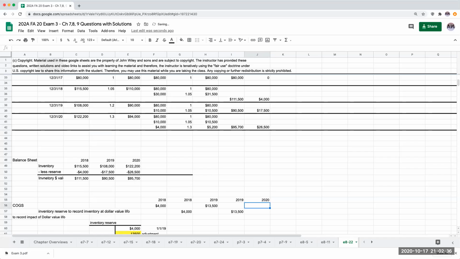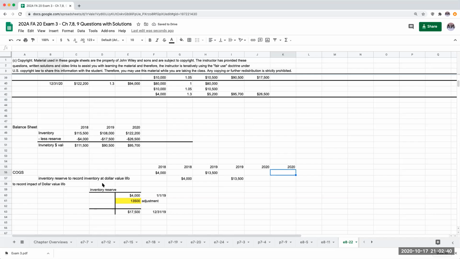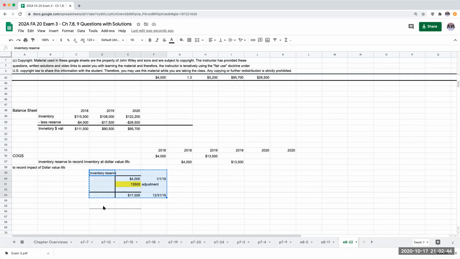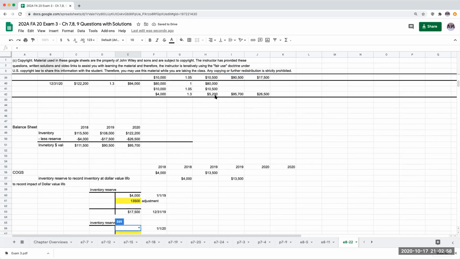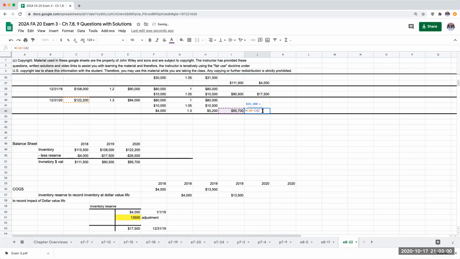When it comes to recording the journal entry, we have to remember that we already have a balance in the account, which has a balance of 17.5, and my ending balance for dollar value LIFO is going to be 26.5.